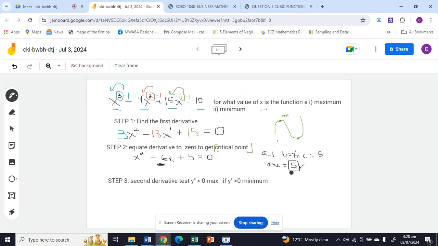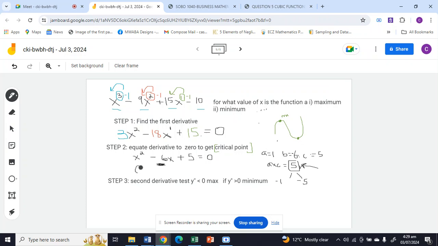So those 2 factors of 5 are 1 and 5. And we make them negative. If you multiply negative 1 times negative 5, it will give you this 5 here. If you add -1 plus -5, it will give you -6. So our factors are -1 and -5.